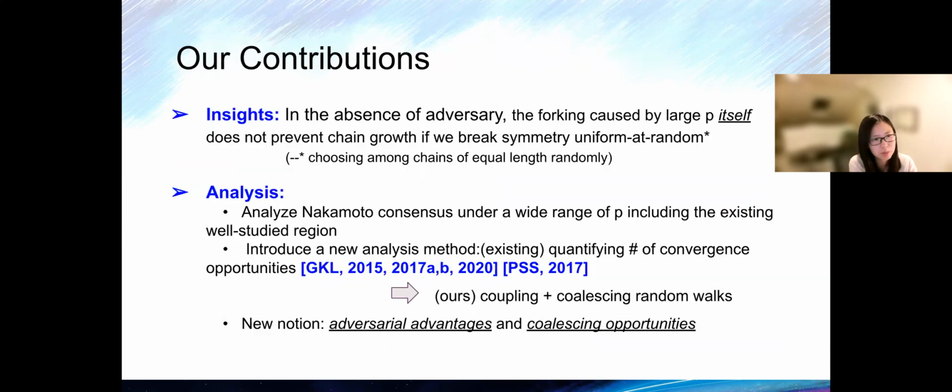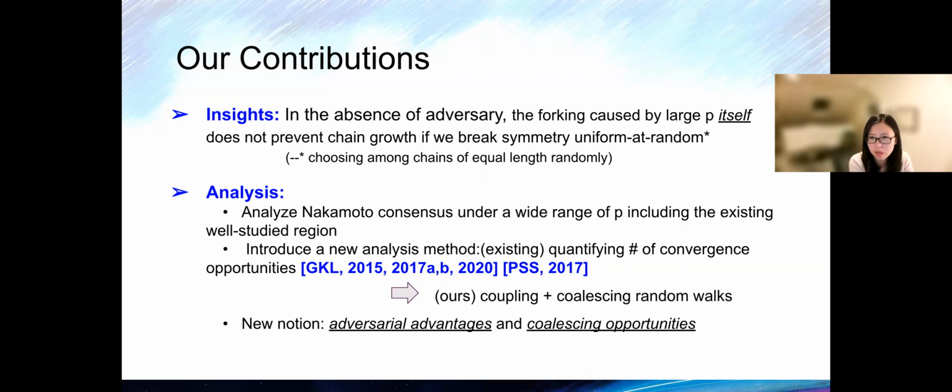Our contribution can be summarized as follows. In terms of insights, we show that in the absence of adversary, no matter how high we set P, we can even set P equal to 1, such large P itself does not prevent chain growth if we use a little bit of symmetry breaking, such as uniform at random.